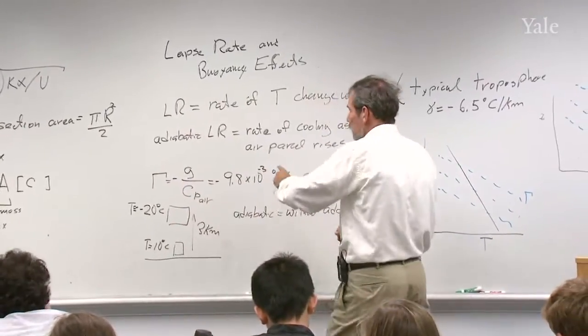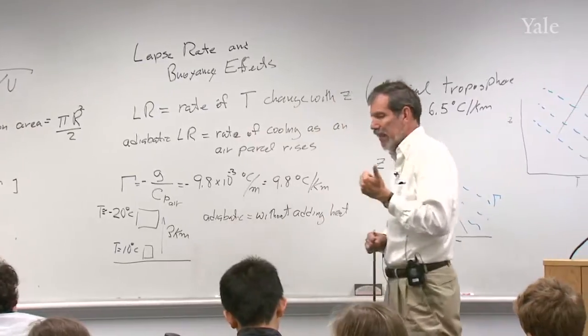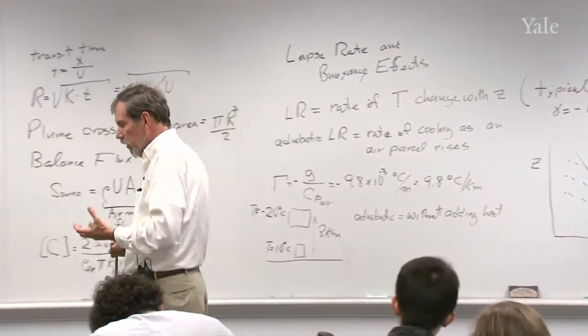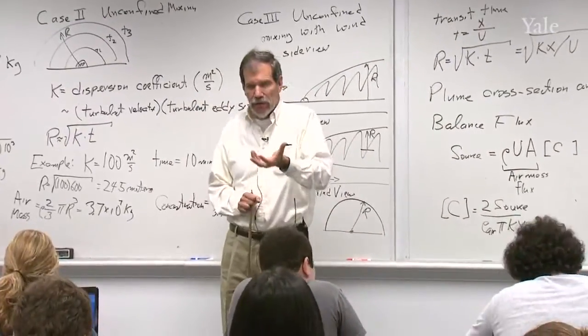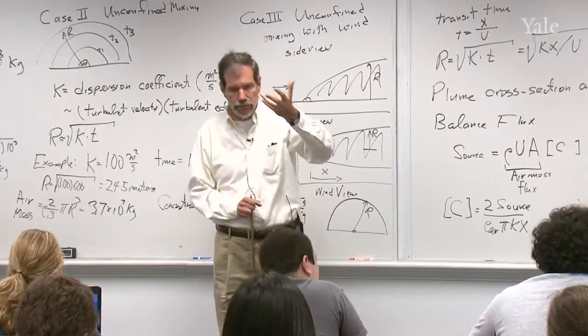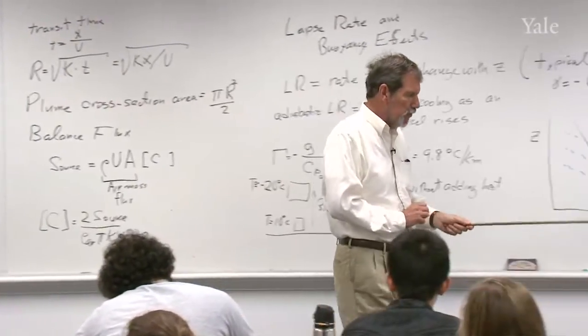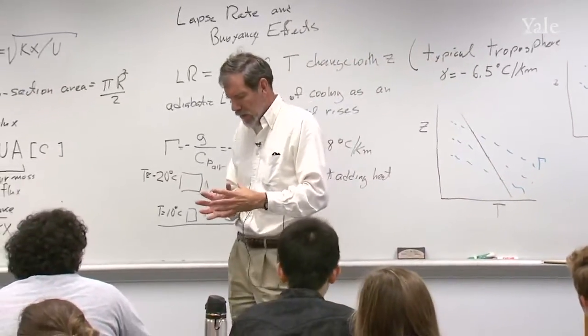The other really important quantity is more of a theoretical one, but it's equally important. It's the adiabatic lapse rate. This is the lapse rate that a parcel of air experiences when it rises. Why would the temperature of an air parcel change when it rises? Well, it's fairly straightforward.